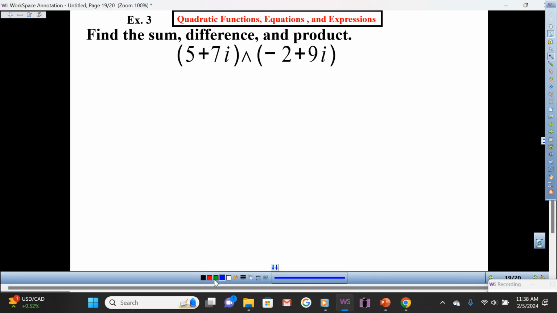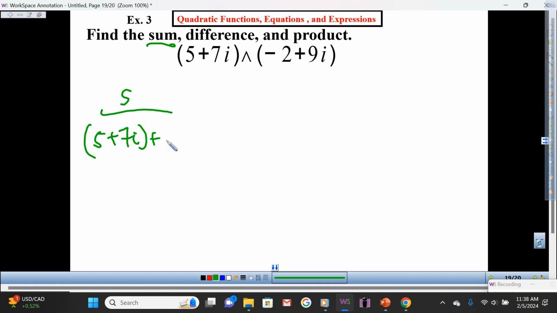All right, so the sum, I'm going to start it with green. I got 5 plus 7i plus negative 2 plus 9i. What'd you get for this one? Noah, go.